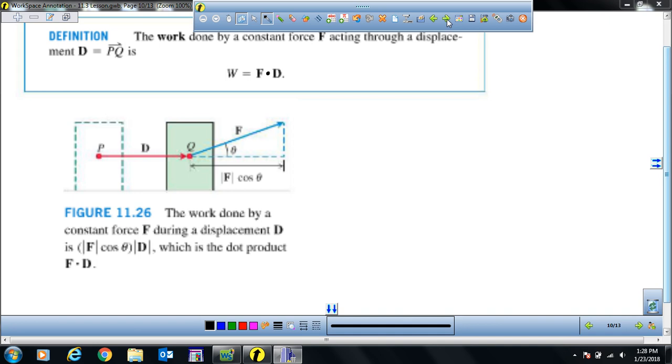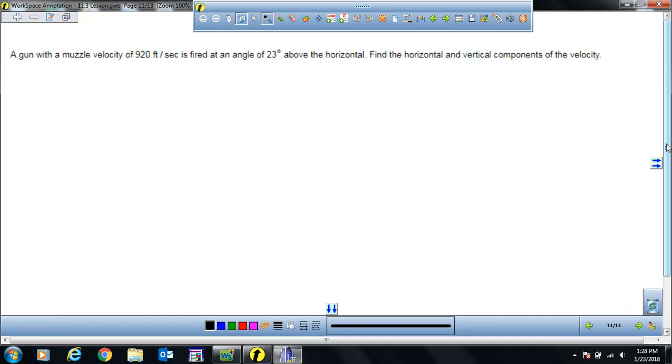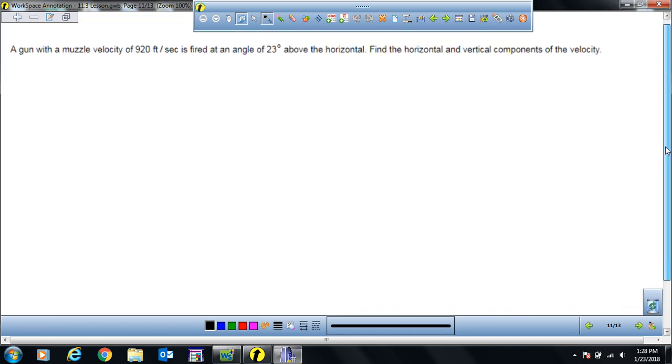Now, before we get to that, we're going to do some easy applications of what we did in the previous section. A gun with a muzzle velocity of 920 feet per second is fired at an angle of 23 degrees above the horizontal. Find the horizontal and vertical components of the velocity. So we kind of did this.